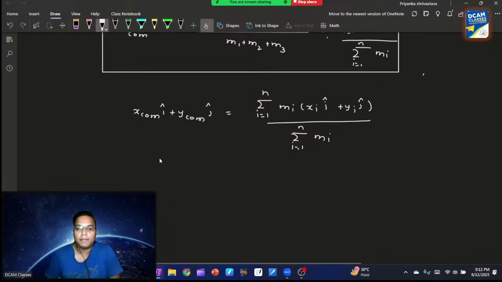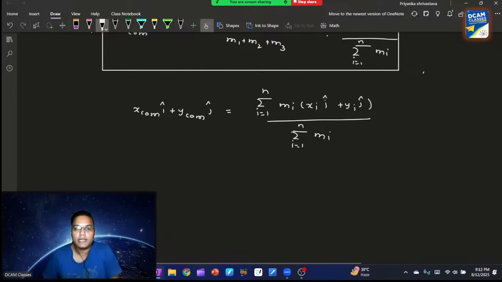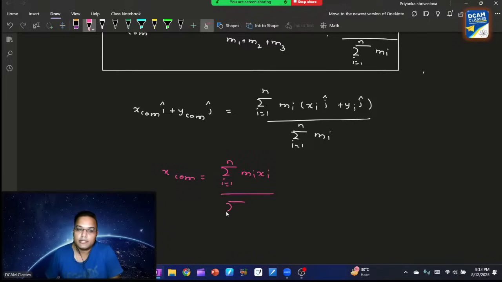So if I compare this i cap and j cap, these things, then I can easily write x center of mass is equal to sigma i is equal to 1 to n mi xi by sigma i is equal to 1 to n mi.